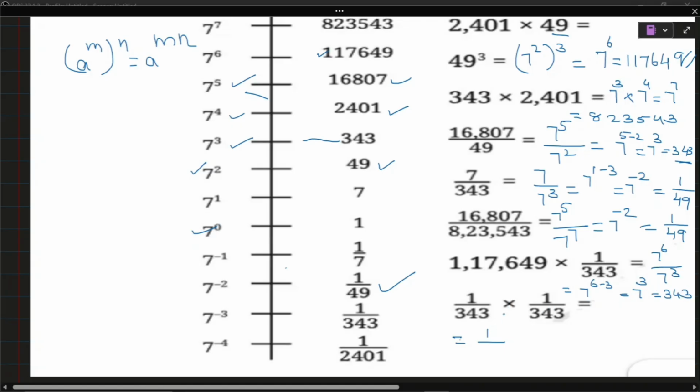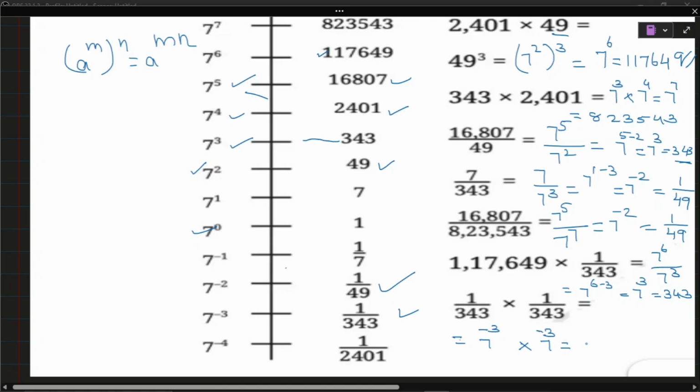Now next one, 1 by 343. You can see from the table, 1 by 343, the corresponding exponential value is 7 raised to minus 3. Then multiplied with again 1 by 343, which is 7 raised to minus 3.